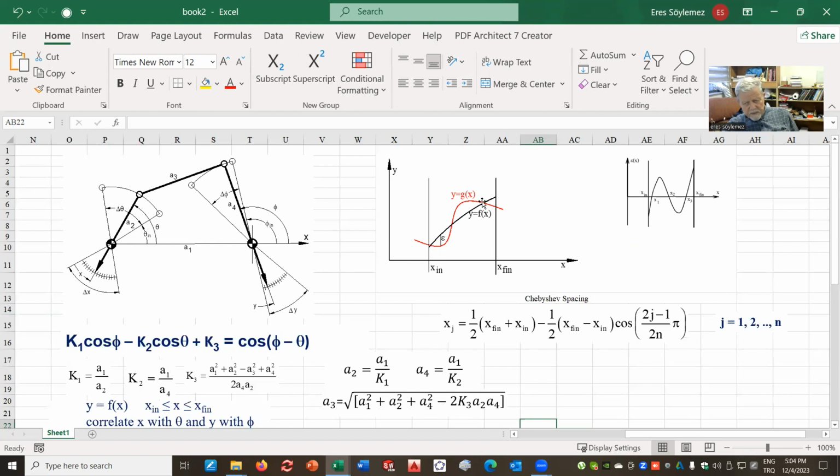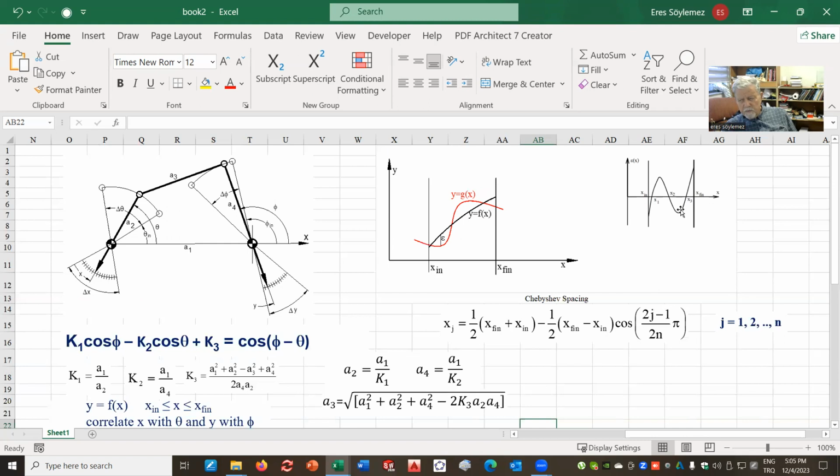These precision points are arbitrary. You can select them anywhere you like. However, it was Chebyshev who said the maximum error within this range will be minimum if the maximum and minimum errors within this range are all equal to each other.